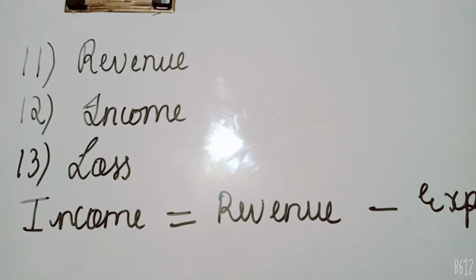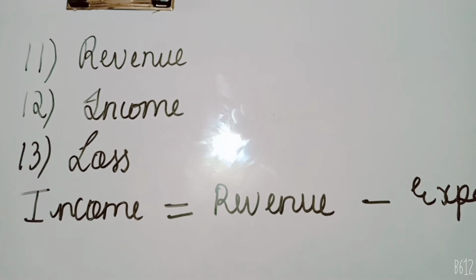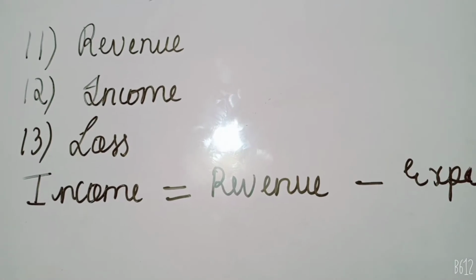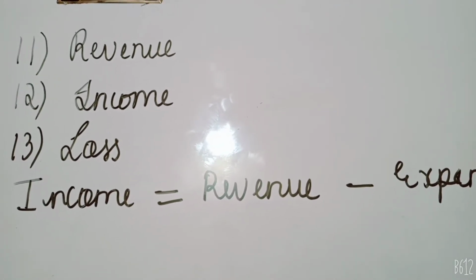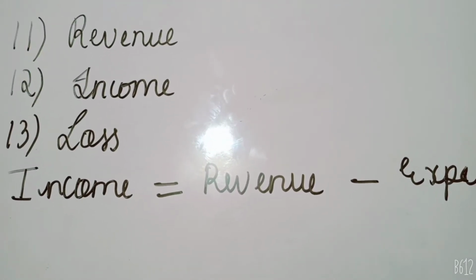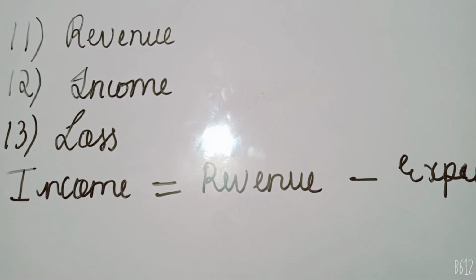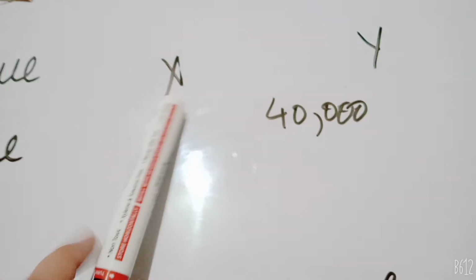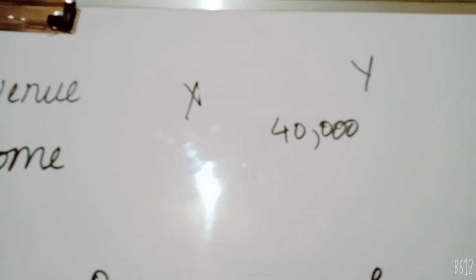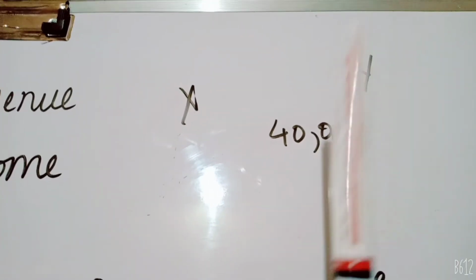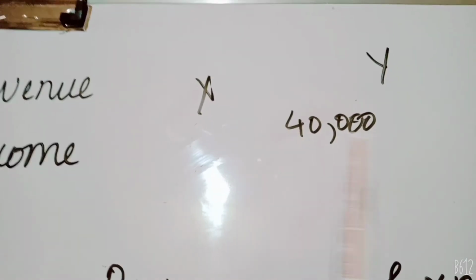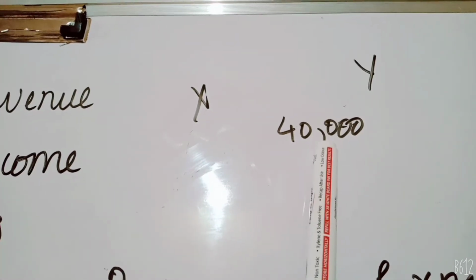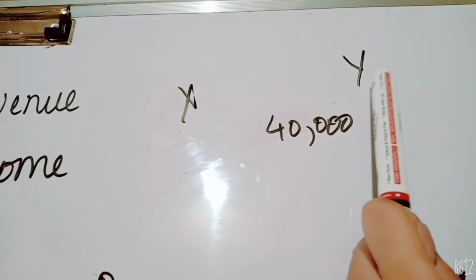Now, next is revenue. So the total amount which we receive after selling our goods is termed as revenue. Now let us take an example of two business firms, Enterprise X and Enterprise Y. Now suppose that Enterprise Y sells goods costing 40,000 to Enterprise X, so this will be the revenue which Enterprise Y gets.